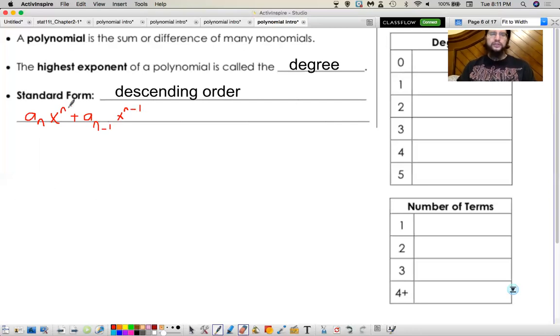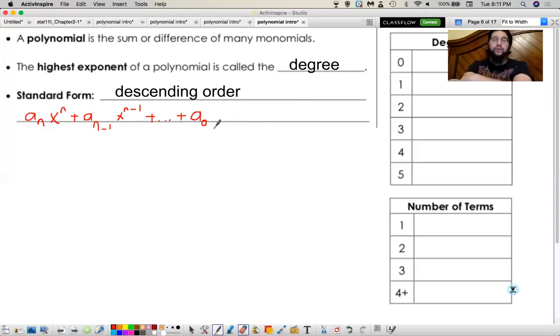So the power is getting smaller each time, or, if it's a 5th power and you don't have a 4th power term, you go to the cube, you just put it in order. Plus dot, dot, dot, plus a constant, a naught. Whatever, that's your constant term. So you just put it in order. It's got to be descending, going down. So your highest exponent first, then your next highest, and your next highest, and your next highest.